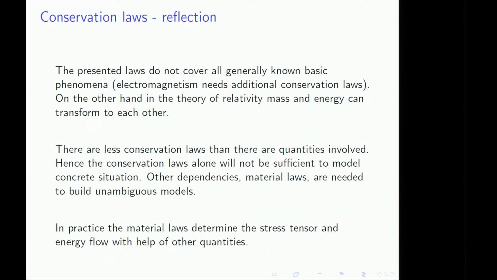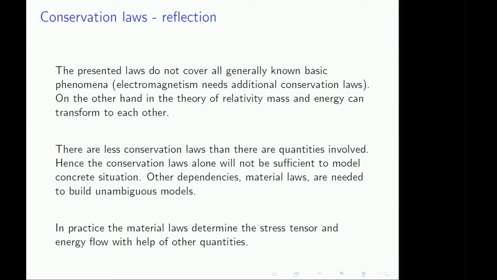So, to reflect on conservation laws, first of all, this is not the whole truth. There are phenomena that we didn't take into account.